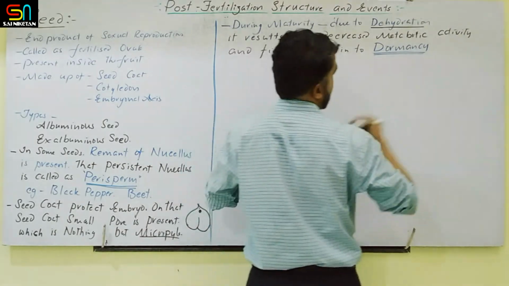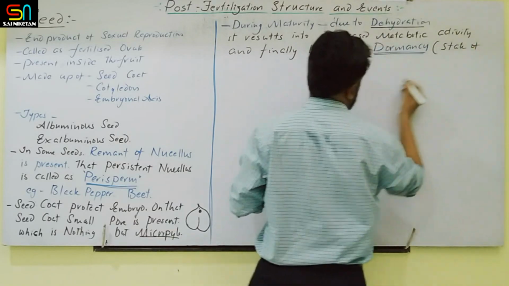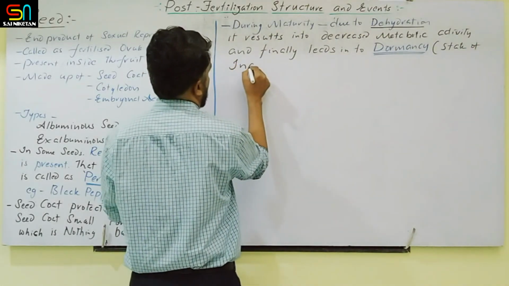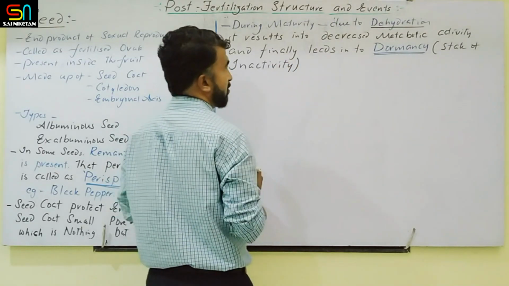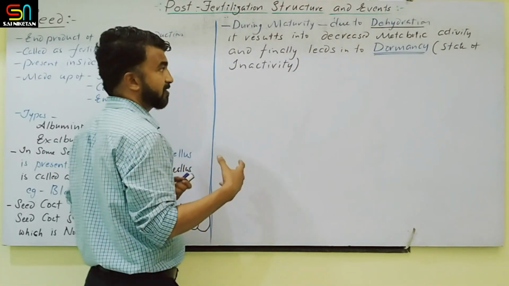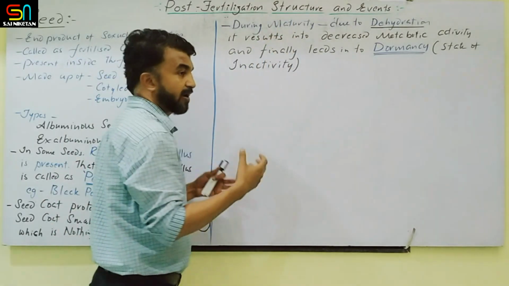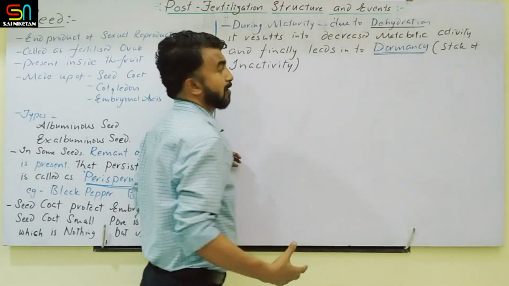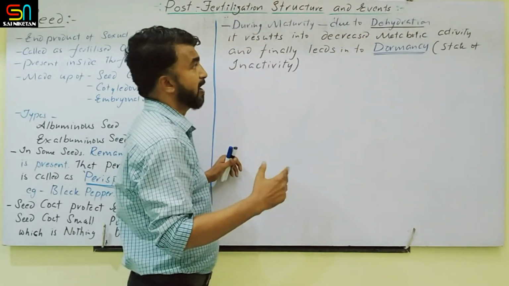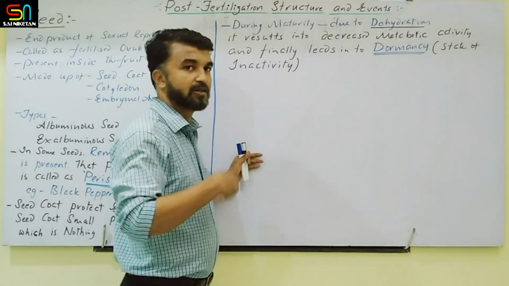Dormancy means a state of inactivity. Physiologically they are living, but they are inactive. What happens in the young stage? It is hydrated. As it loses the water content, due to dehydration, gradually metabolic activity decreases and they enter into dormancy. Here hormones also play a very important role.